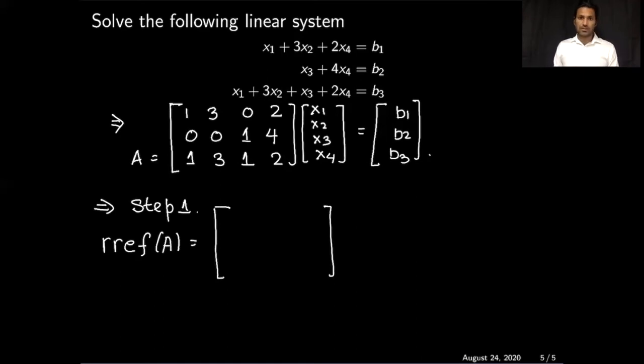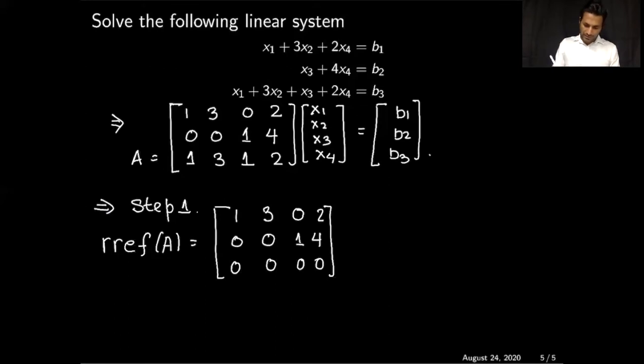So please watch that video on how to reduce a matrix to row reduced echelon form. So I'm going to write the row reduced echelon form of this matrix. It's going to be 1, 3, 0, 2, 0, 0, 1, 4, and then 0, 0, 0, 0. So this is the row reduced echelon form of our matrix.